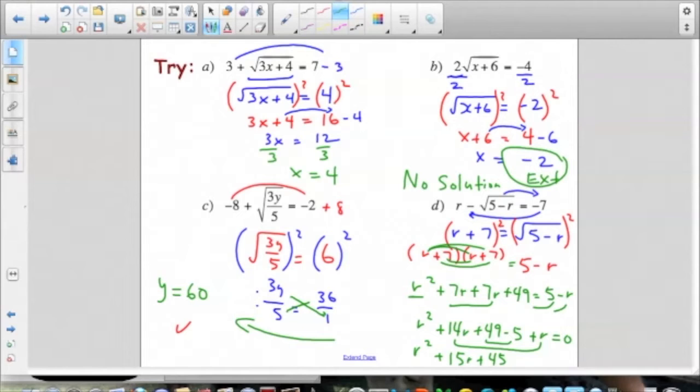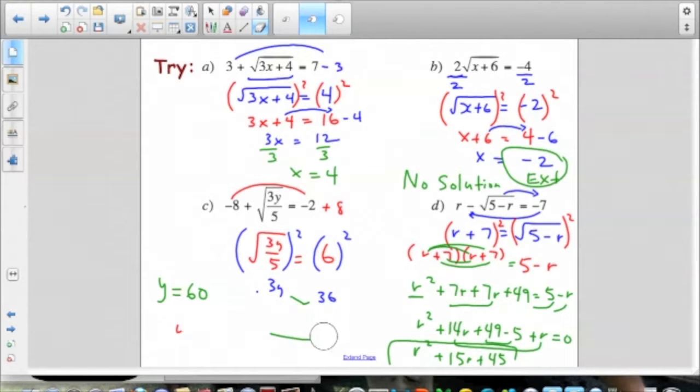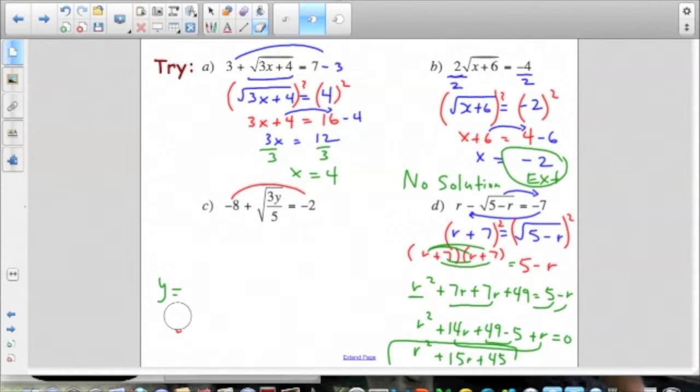Now, you can factor it, because we know how to factor. You can factor that, or you can put it through your quad program to get the answer. So, it's up to you what you want to do. I think it's faster factoring. So, I'm going to go over here and factor. So, r, oops, what's going on here?